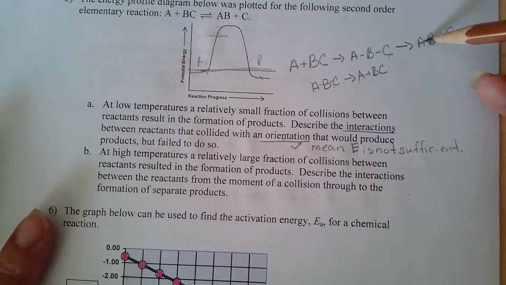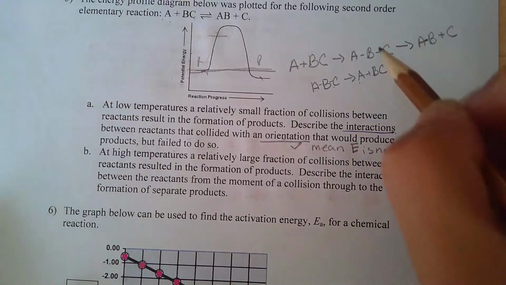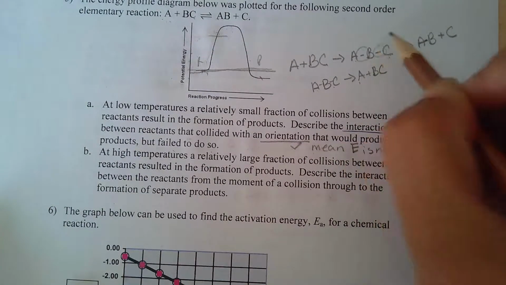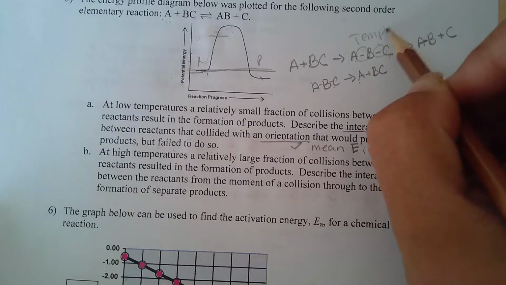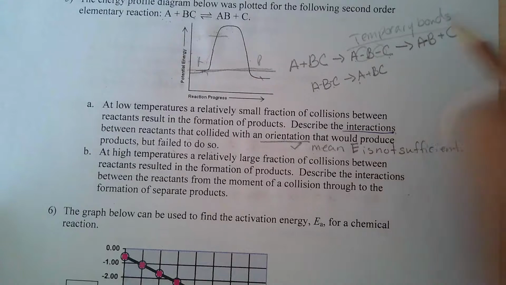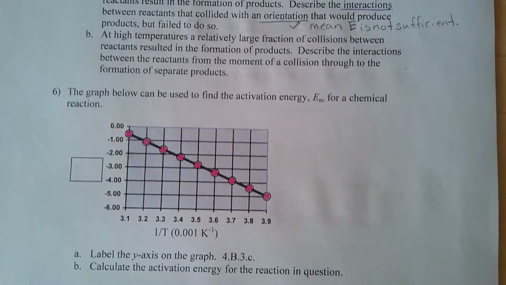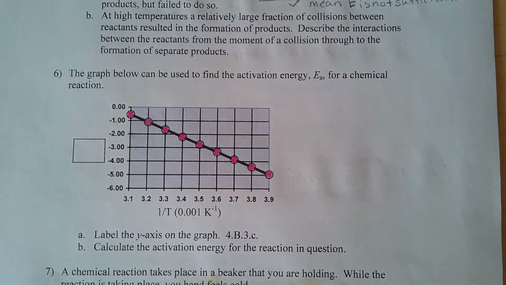And you form this AB bond with C as your individual product. Okay, so that's what I mean by describe the interaction. So it's the formation of these temporary bonds. It's the formation of those temporary bonds. And we go over to 6. Question 6 we did do in class, but we may as well briefly mention it again.